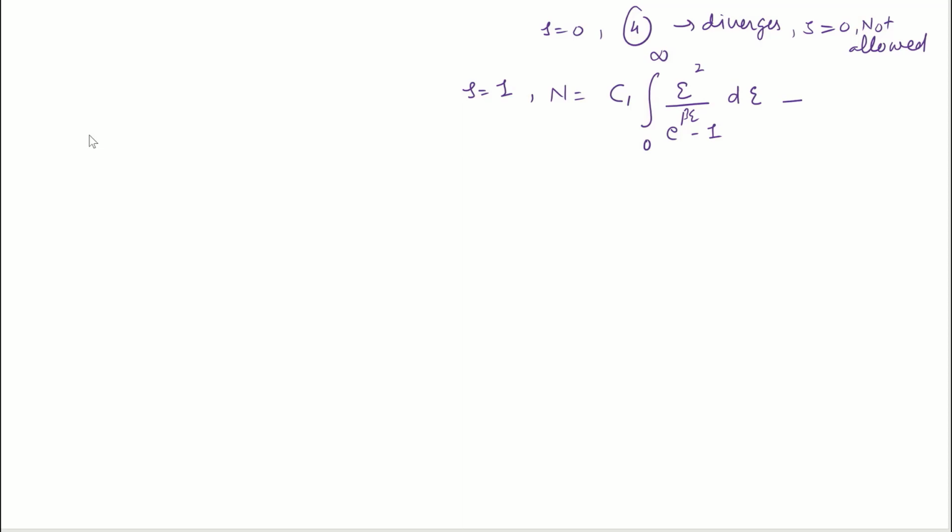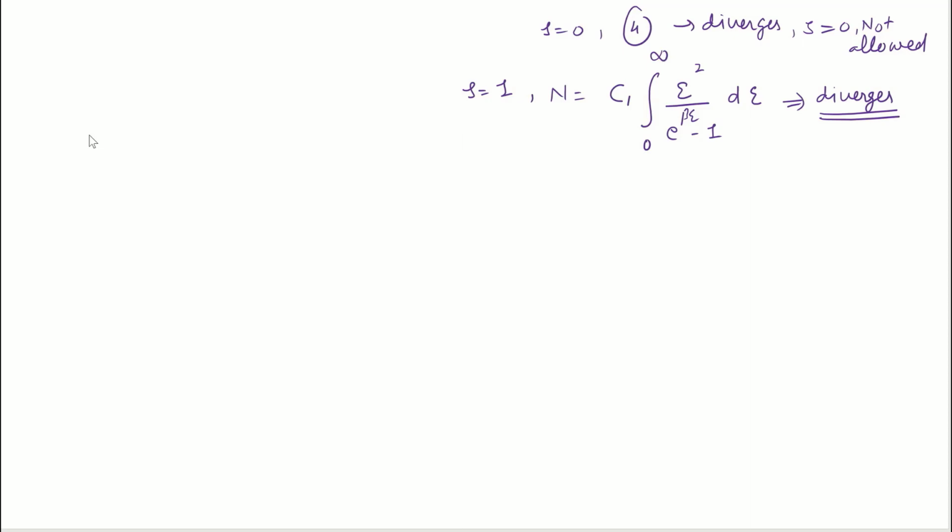Okay, so it can be shown that for s equal to 1 also, this integral diverges. This requires rigorous mathematics and cannot be discussed here, but it's a standard result and you can just remember it.